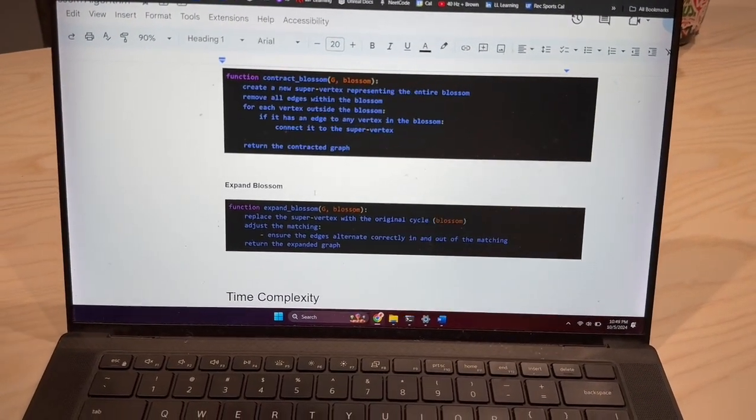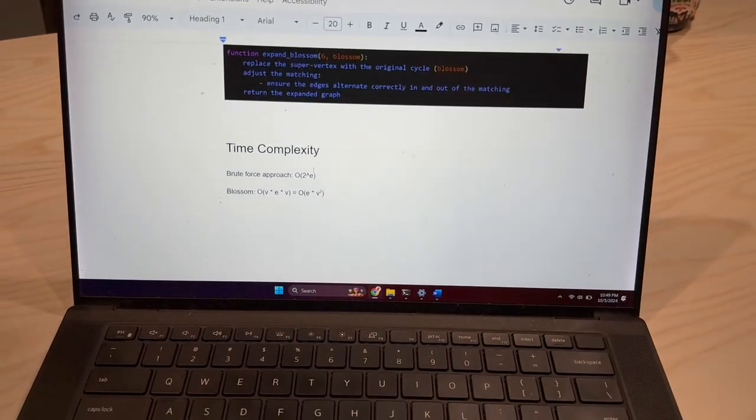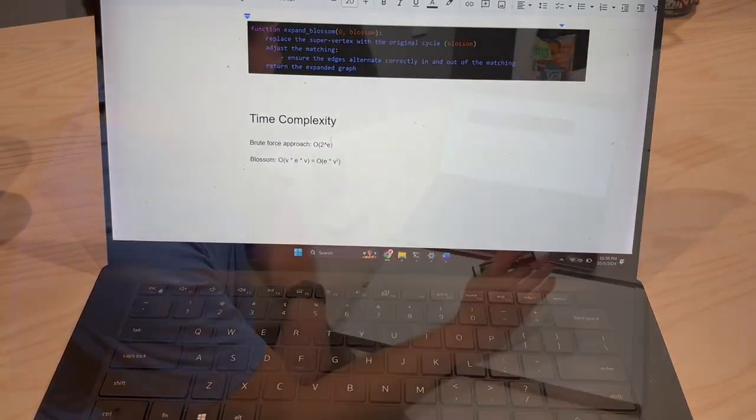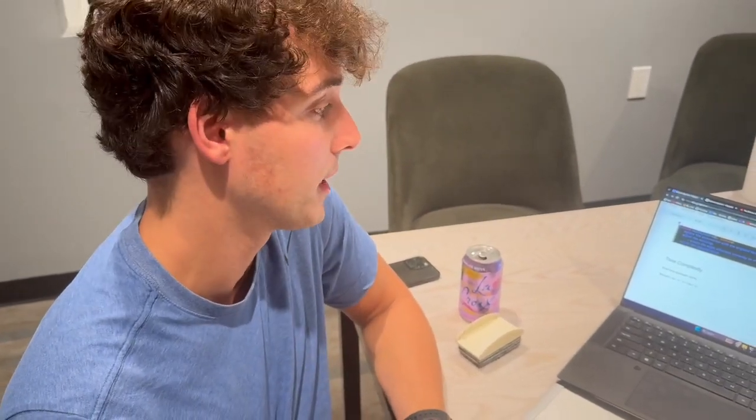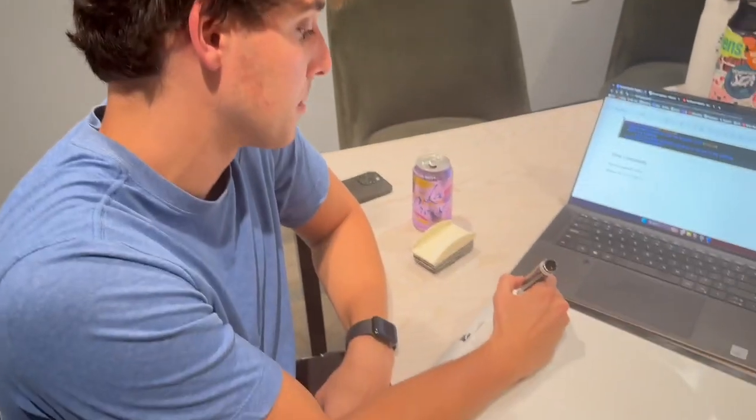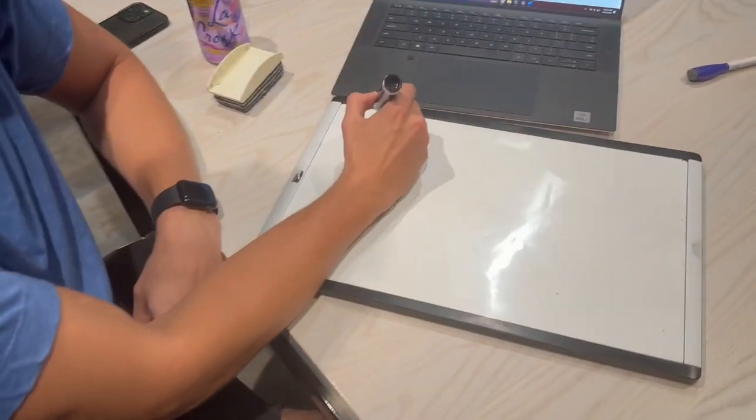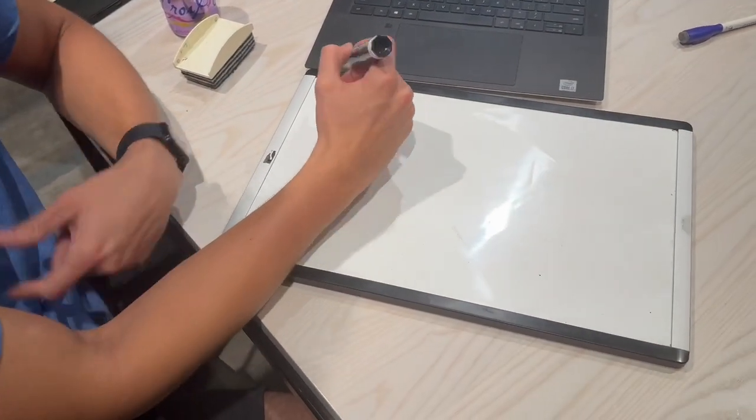And so looking now at the time complexity for this algorithm, right? Let's think of the brute force approach, what that would mean. It would mean we'd have to look at every possible subset of this graph. And the subset is some collection of edges.